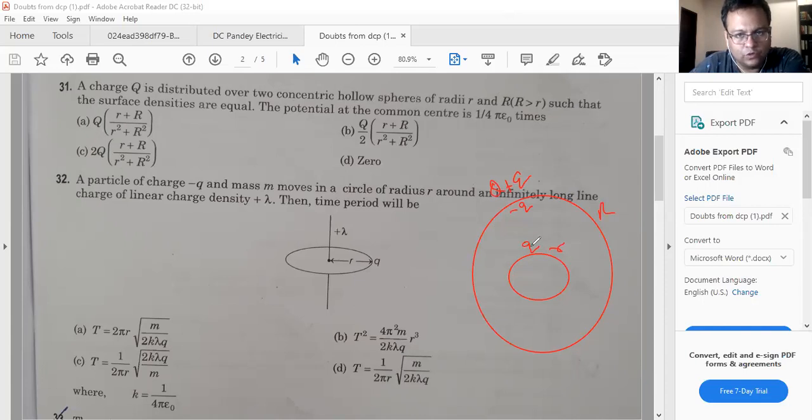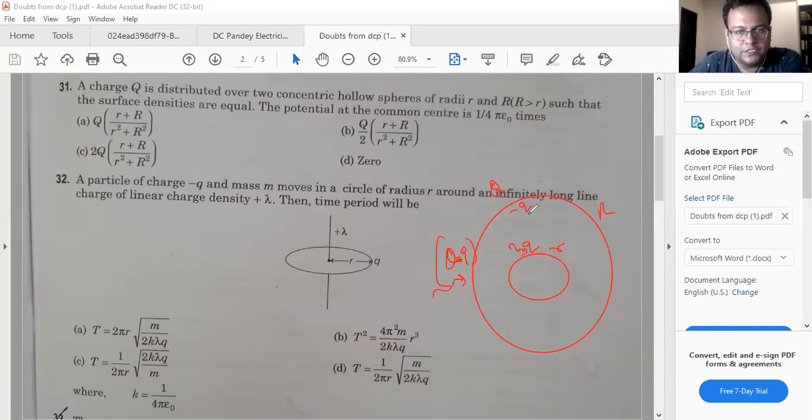So if the charge is small q over here, the charge left for this conductor will be capital Q minus small q. Of that, minus q comes here on the inner surface, so on the outside capital Q remains. See if you are able to understand this much. If small q charge is given to one of two conductors, what remains on the other? Capital Q minus q.